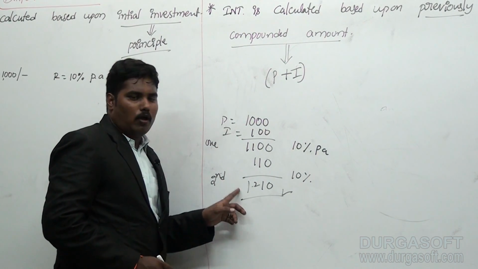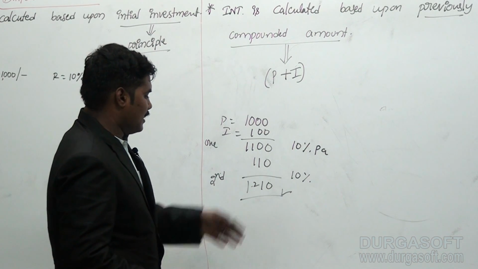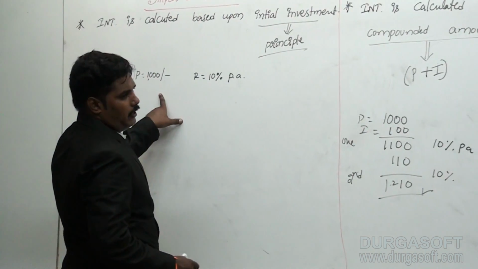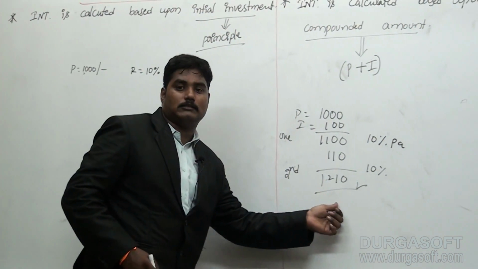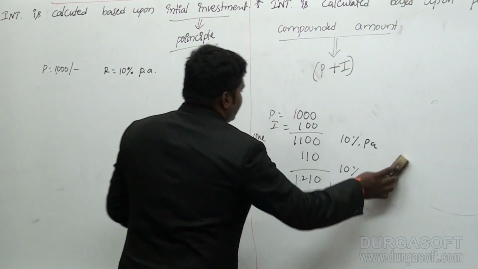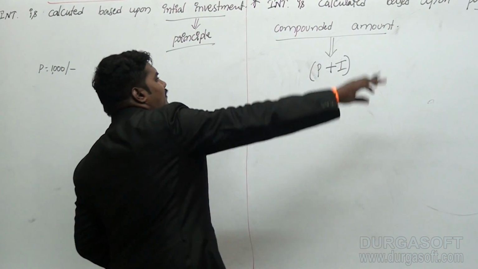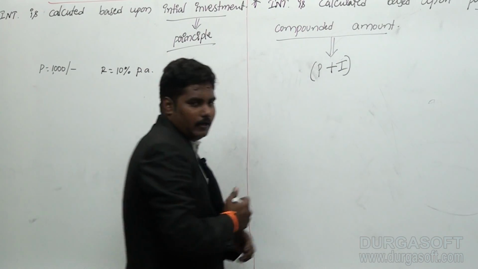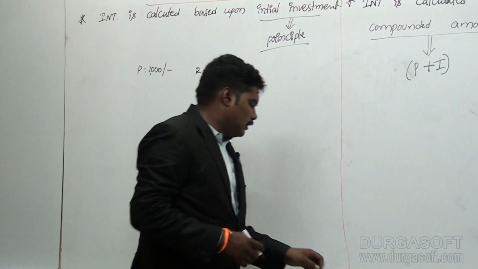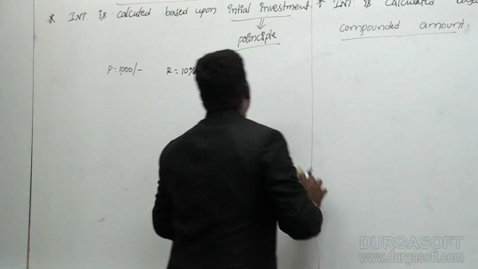When you subtract the principal, you get the interest as 210. In simple interest, the interest is 200 for 2 years. In compound interest, the interest is 210. That means in compound interest, interest is calculated based upon the previously compounded amount. Based upon this concept, we can solve the problems.